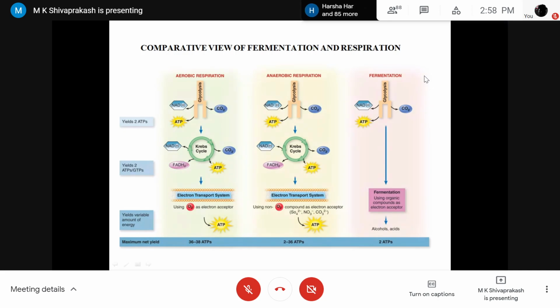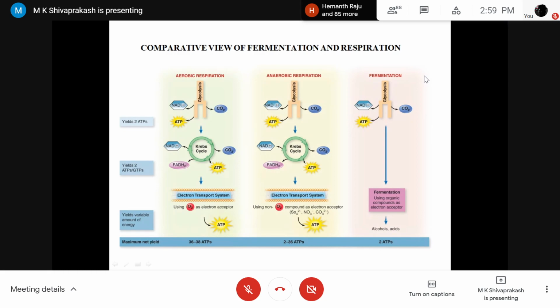But you must remember that the organisms which follow the fermentative pathway can survive better, because for the terminal electron acceptors they need not depend on an outside source. The electron acceptor is one of the organic intermediates of their own metabolism.